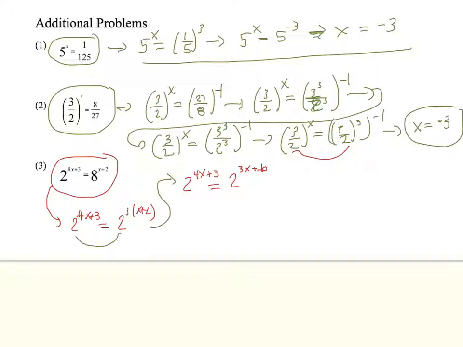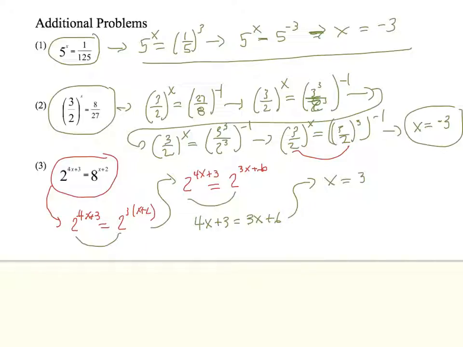Okay, so now the base numbers are the same again. And so that means 4x plus 3 is equal to 3x plus 6. Right. So that means that x is equal to 3, it looks like, right?